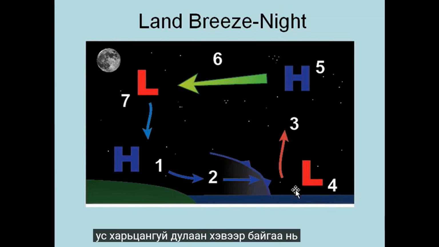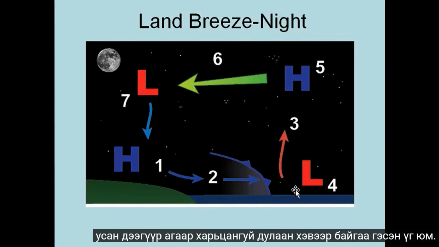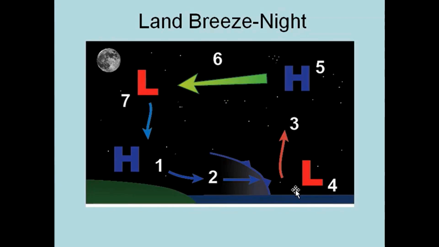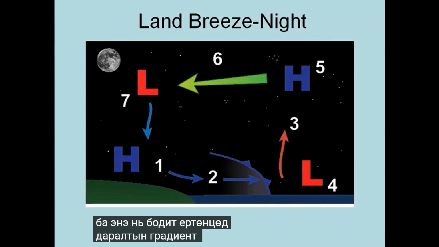That means the air over the water is less dense and still eager to rise, so that creates an area of relatively lower pressure. So here, high pressure will blow towards low pressure. And that's just an example of what pressure gradients look like in the real world.